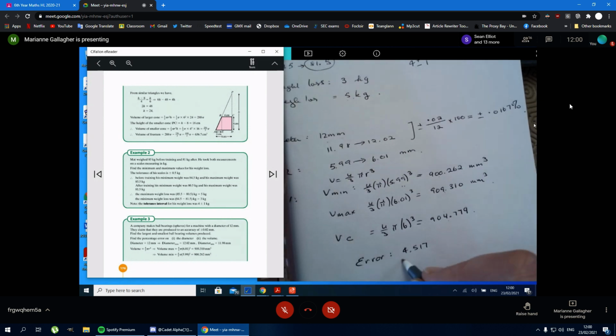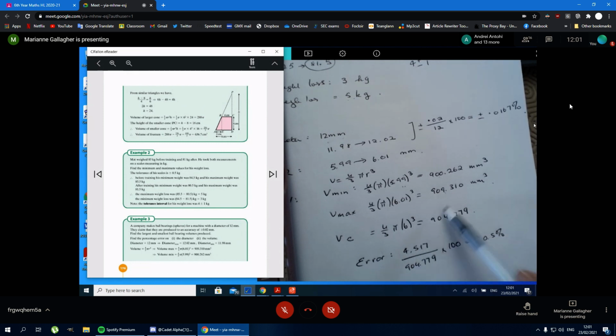So 4.517 over the correct volume, multiplied by 100%. And that gives me 0.5%, and it's plus or minus that, because if I did the difference between these two it's the minus one, and it rounds to plus or minus 0.5%.